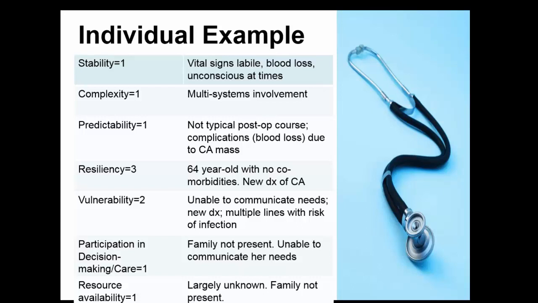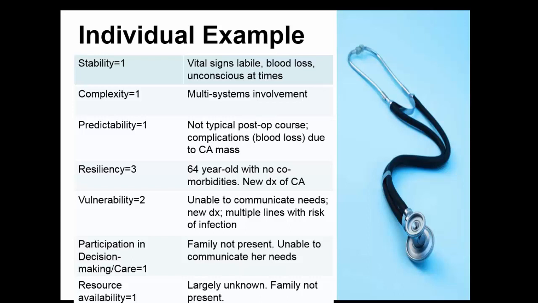The patient goes in for the procedure and there are complications including blood loss, variable level of consciousness, and the discovery of a walled-off tumor in the stomach that's a new diagnosis of cancer.